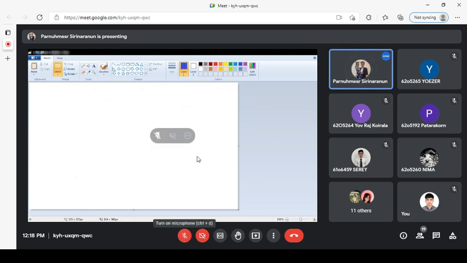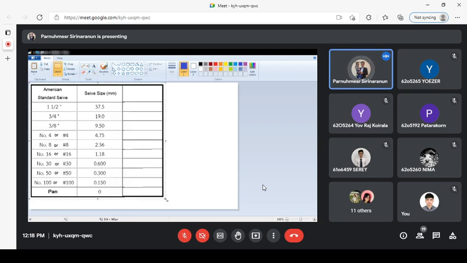I will show you the table of American Standard sieves. You see this table? Yes, Ajahn. Okay, the American Standard sieve is almost always used for this class, not the Tyler Standard sieve. Use American Standard, following ASTM, American Society for Testing and Materials code.